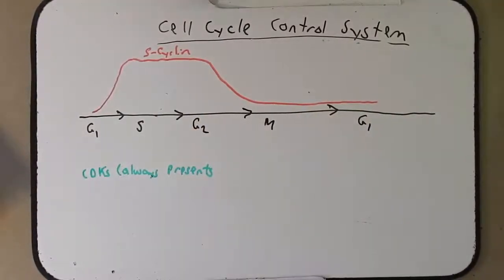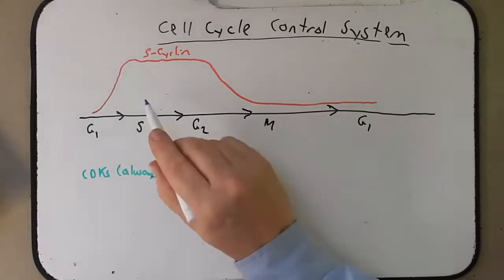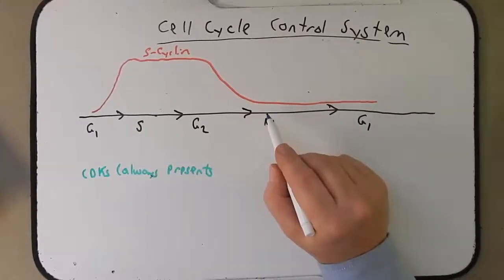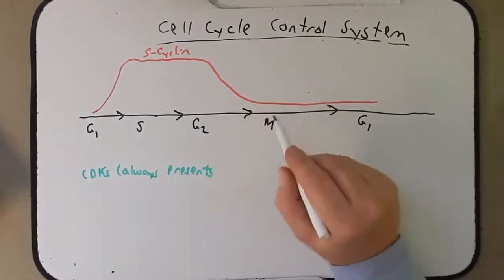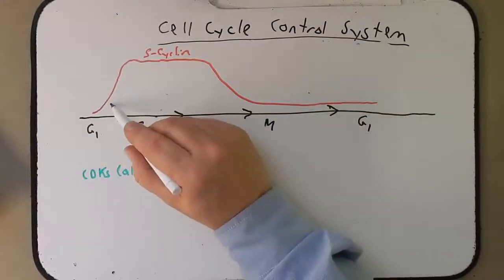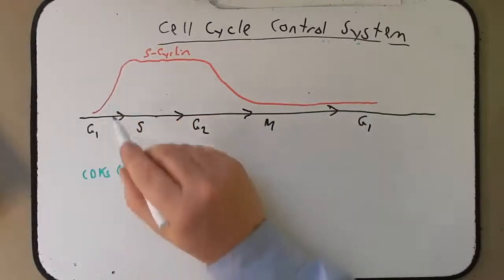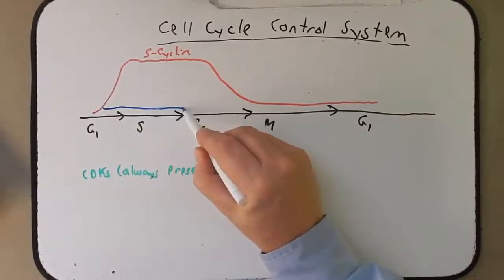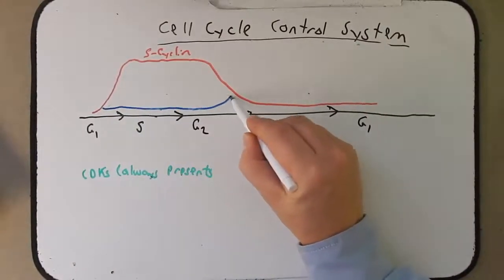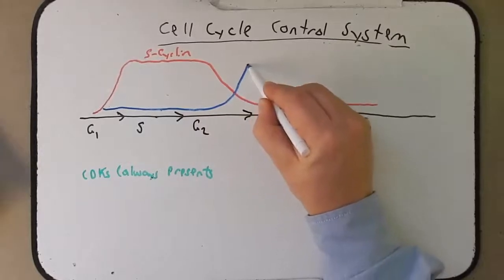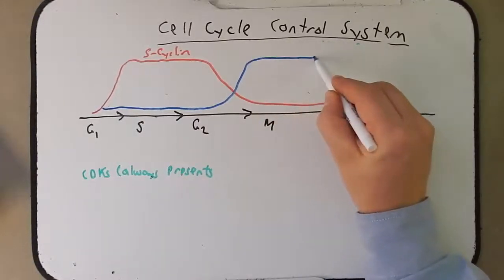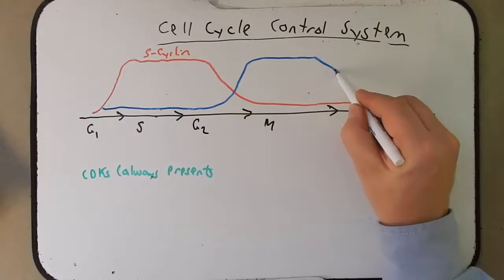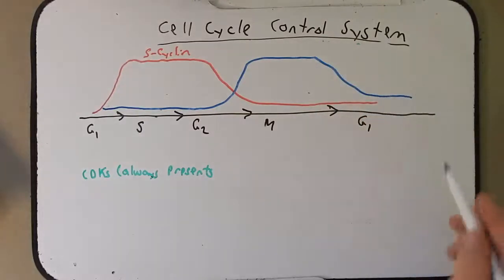But just to show the dynamic nature of the cell, we know that we're going to need specific cyclins to be present during G2 and during M phase. And so they also need to be turned on, but at the correct time. So down here we don't have very many M cyclins, but during G2 they're going to slowly start to be expressed and remain expressed throughout M phase and then drop off.